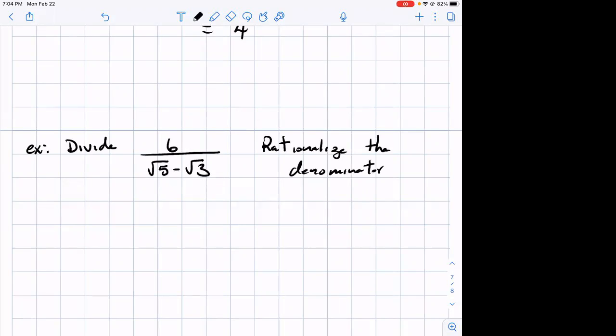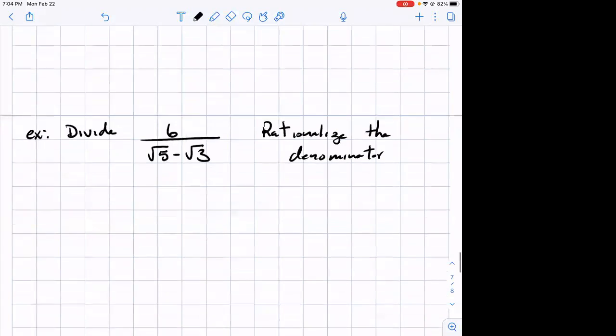And remember, rationalizing the denominator means write your denominator without a radical or without a root, okay? That's what it's basically saying. Write it without a root, okay?